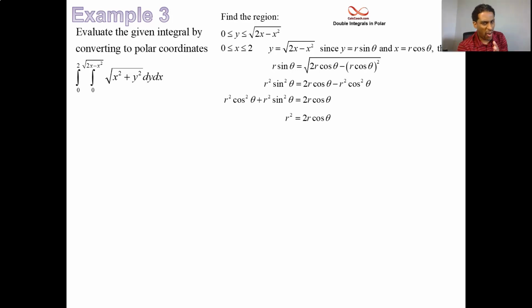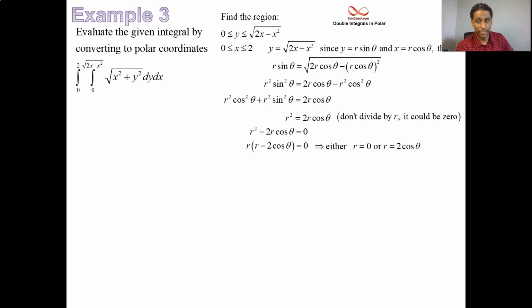If we divide by r, we have to consider that maybe r could have been 0. So let's not divide by r. Let's move the 2r cosine theta to the other side, factor out that r, and be left with: either r equals 0 or r equals 2 cosine theta. These will be the bounds on r.